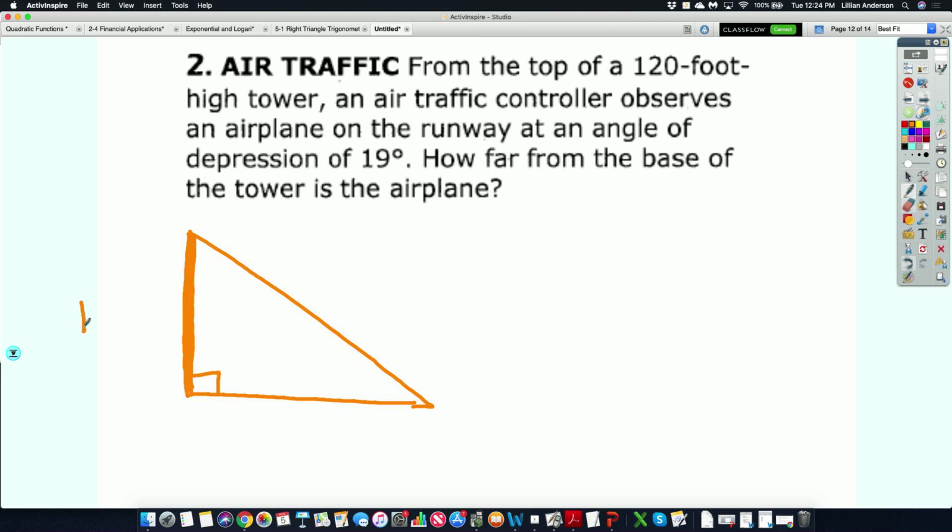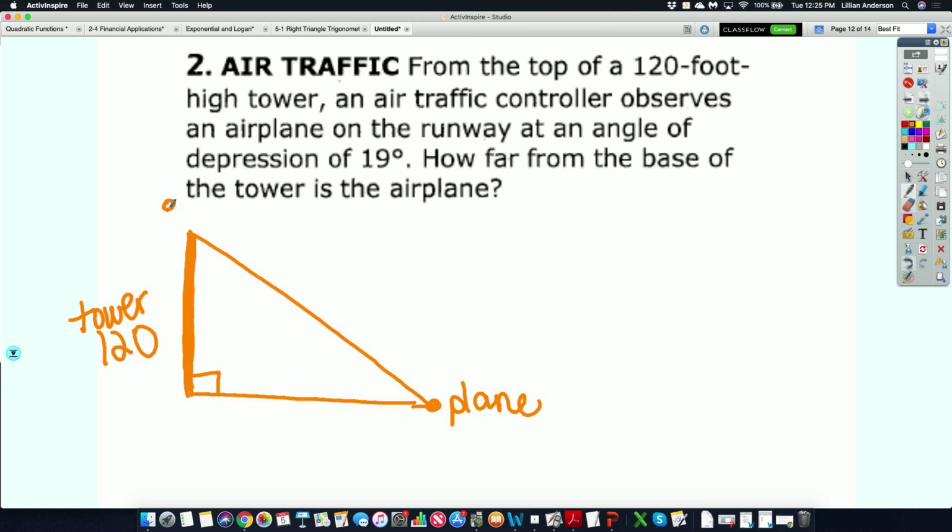It represents the tower, right? Where's the plane? At the bottom. How tall is the tower? 120 feet.